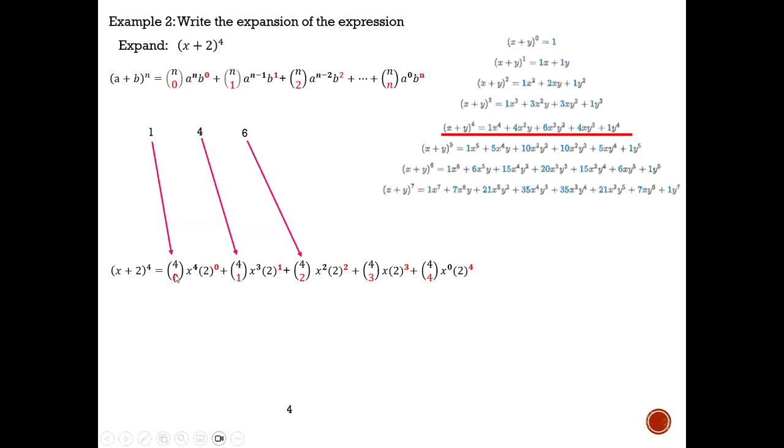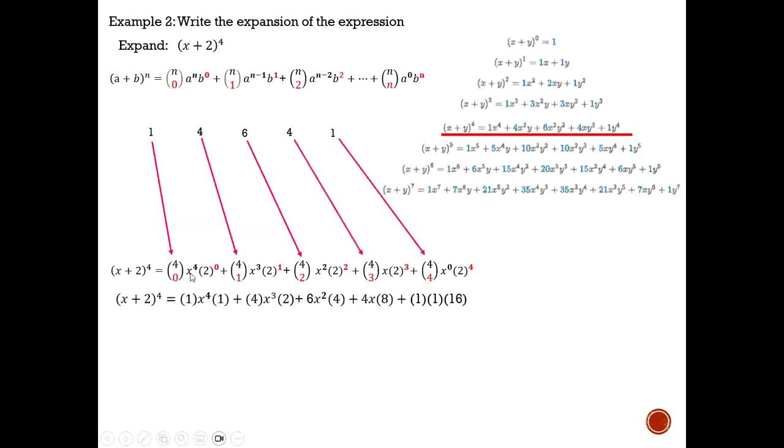So the values for these coefficients, 1, 4, 6, 4, and 1, those are the values there. And then we're going to simplify the rest. So here, 4 choose 0 is 1, x to the 4th, 2 to the 0 is 1. 4 choose 1 is 4, x to the 3rd, 2 to the 1st is 2. 4 choose 2 is 6, x squared is x squared, 2 squared is 4, so on and so forth. So we have 4x times 8, and here we have 1 times 16.